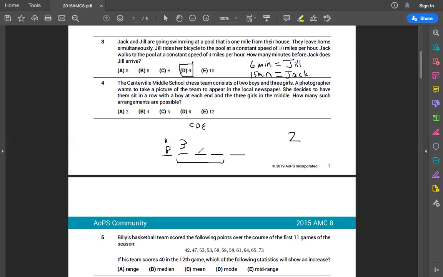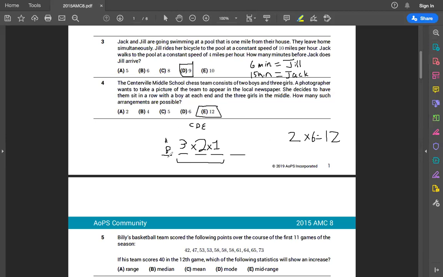Then for this middle slot, we only have 2 choices because one of the girls is already in the first spot, so there's only 2 left. And then for the 4th slot, there's only 1 girl left. The other 2 have already taken their spots, so there's only 1 choice left. This is a total of 6 possibilities, 3 times 2 times 1 is 6. So you do 2 times 6 is 12.